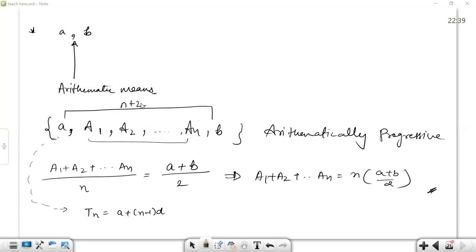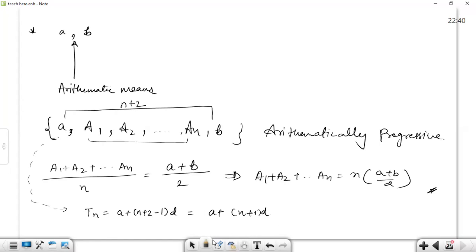Yes, there are n plus 2 total elements in this arithmetic progression. So now the formula for the nth term will become n, which is n plus 2 minus 1 into d. So this becomes a plus n plus 1 into d.